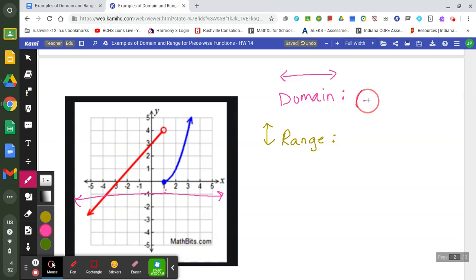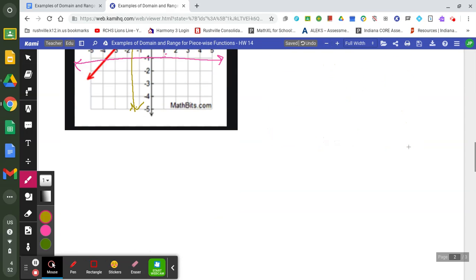So our domain is negative infinity to positive infinity. Then our range, this red does slightly go down, so it's all of these numbers, and then it would stop at the 4 because of that open circle, but this is going up forever and ever. So our range is also negative infinity to positive infinity.